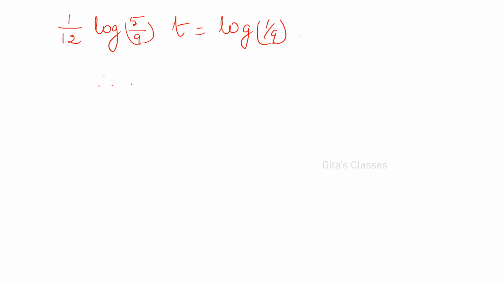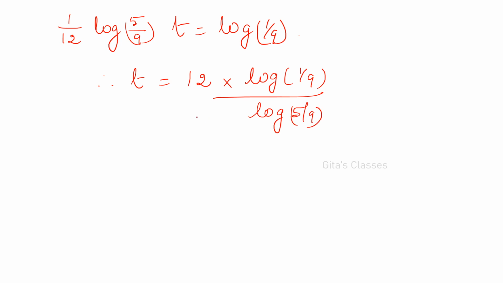Therefore t is equal to, you bring all the other terms to the right hand side, 12 into log of 1 by 9 divided by log of 5 by 9.